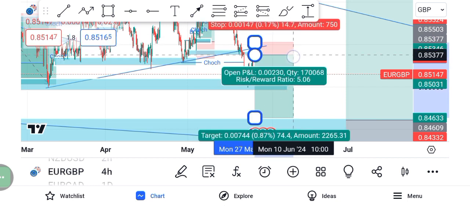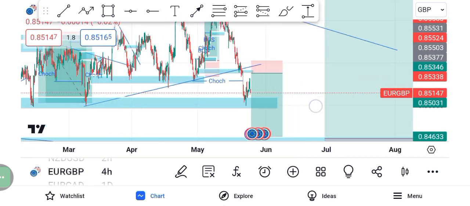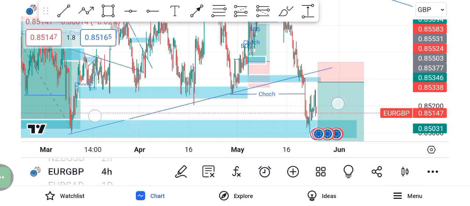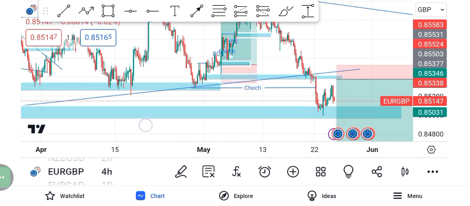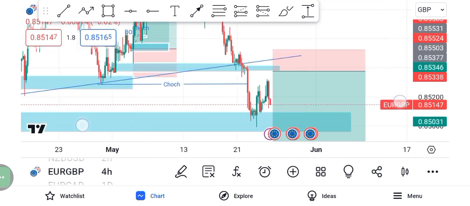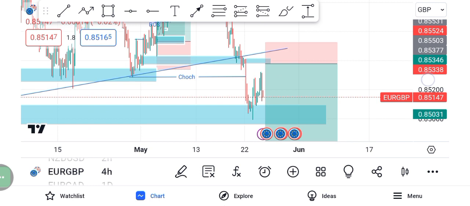Once it pushes up to that point, I'll short the market, aiming for 74 pips, risking 14 pips, risk to reward of 1:5. Good trade. This trade is an A plus setup. So sitting on my hands also for this. Whenever price comes into this order block, I'll short it.